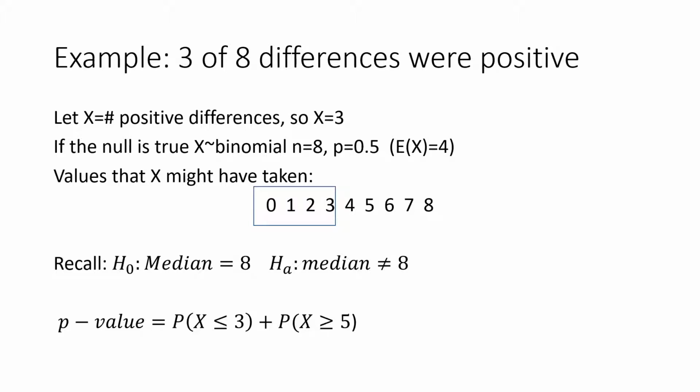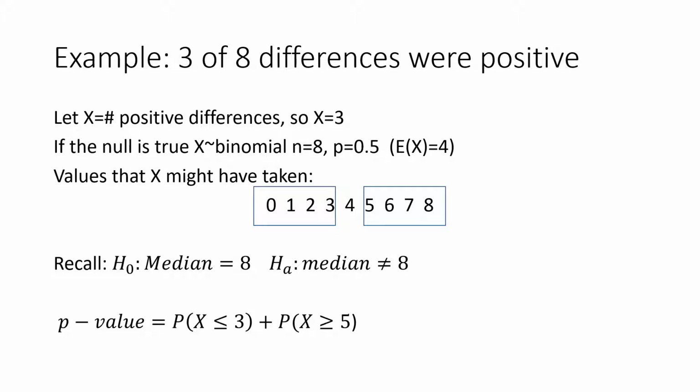But since I'm doing a two-tailed test, I'm also interested in the chance that I'd see things equally far from what I would have expected. So 3 was 1 away, so things that are 1 away or more in the other direction would be 5 or greater.